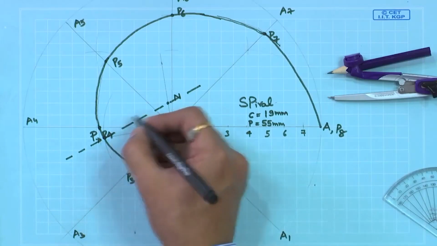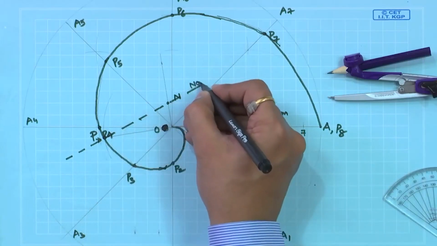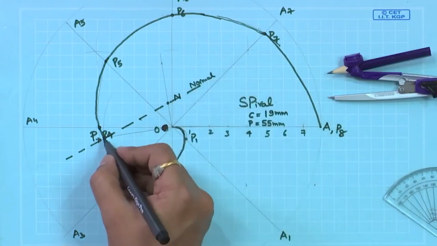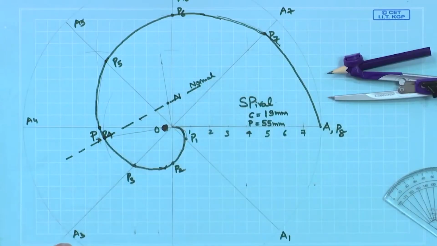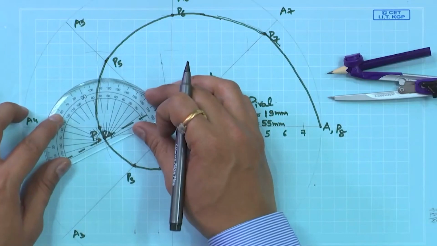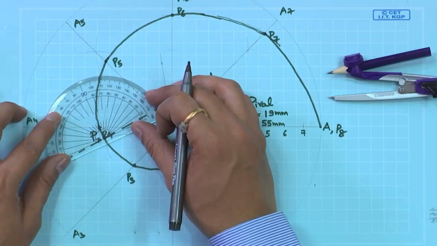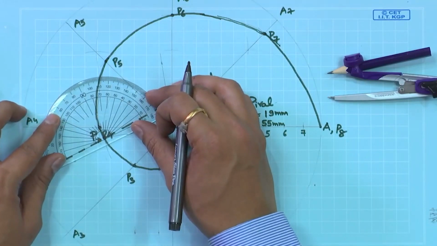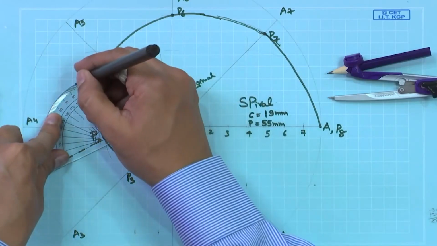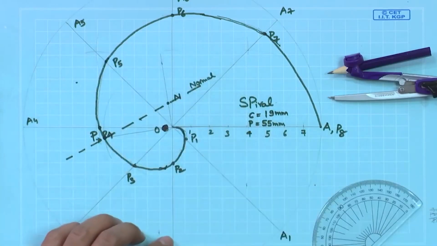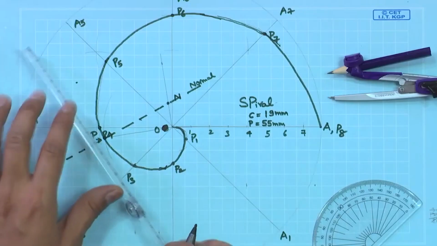So, this is a normal passing through point P. At 90 degrees to that we will be in a position to construct a tangent. Join these two lines.